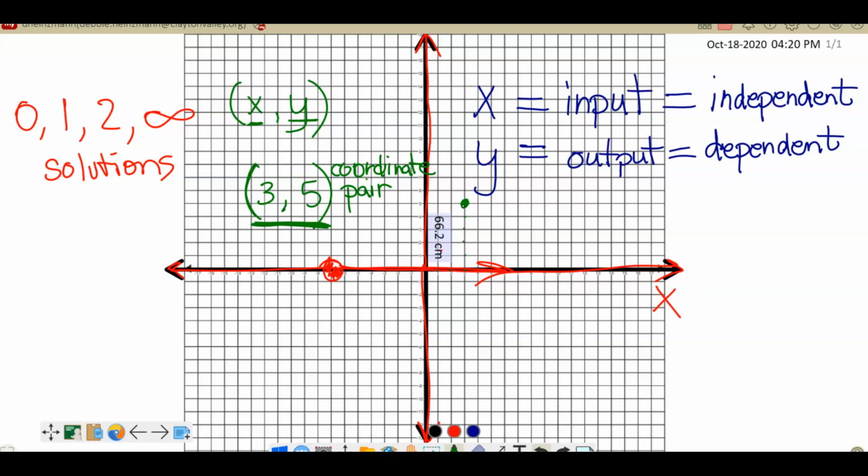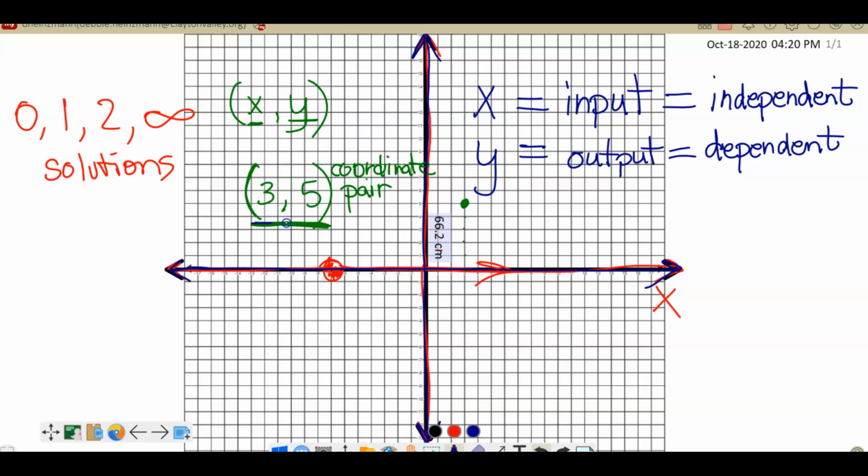So, to recap, this is a coordinate plane. It has two axes. It has the x-axis, which is horizontal, and it's got the y-axis, which is vertical. You graph in the coordinate plane by plotting points.